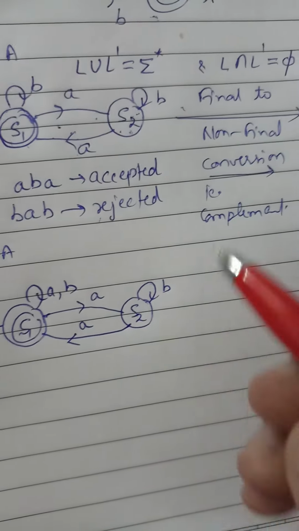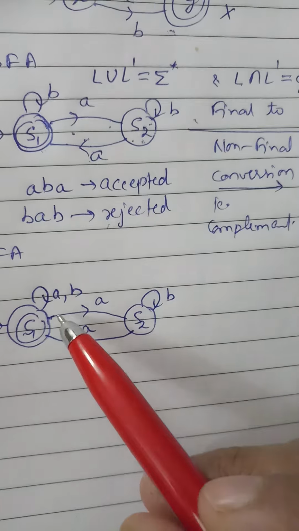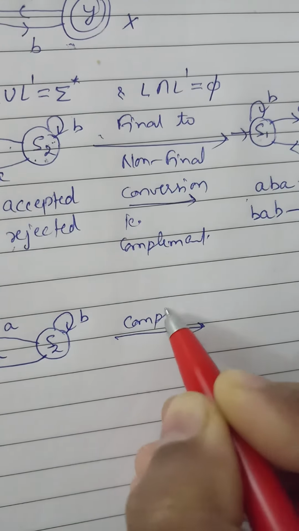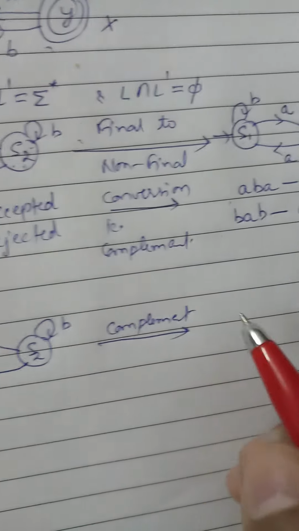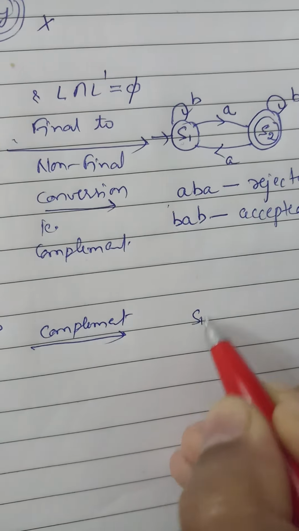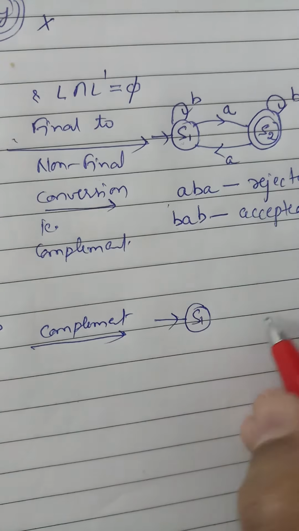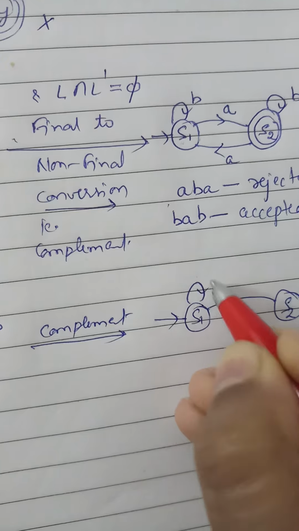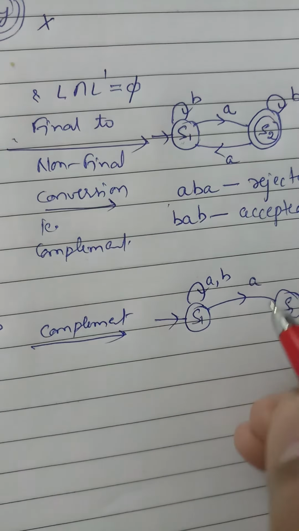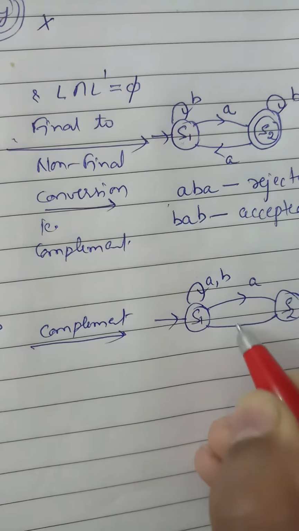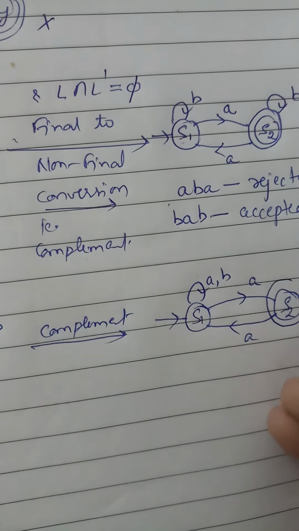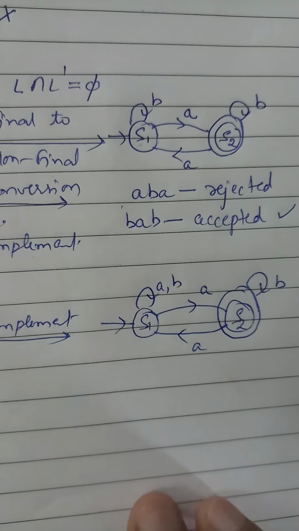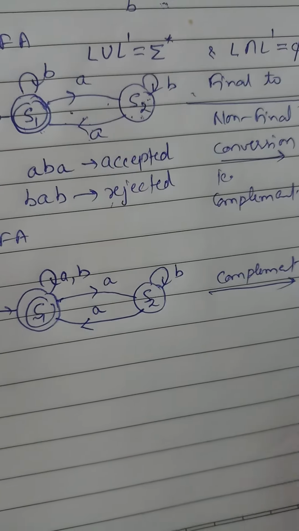The rest of the things are the same, and if we take the complement of it, we just change final to non-final state. So S1 goes to S2 on A, and this will be the final state on B. The rest is the same.